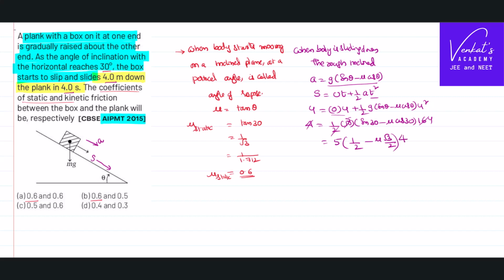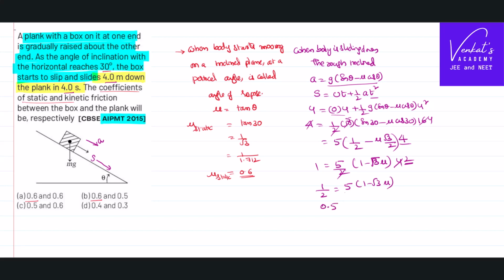So 1 equals 5 by 2, 1 minus root 3 times mu, and 4 is there. Get this 2 to the denominator. 1 by 2 equals 5 of 1 minus root 3 mu.